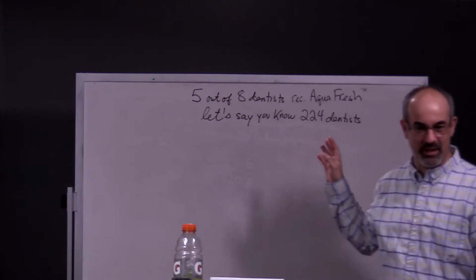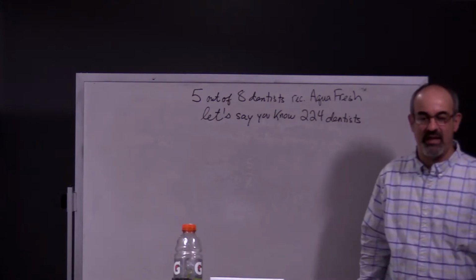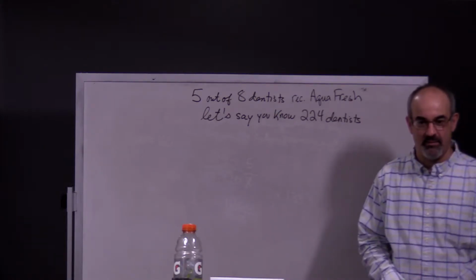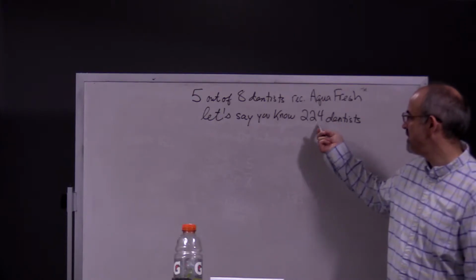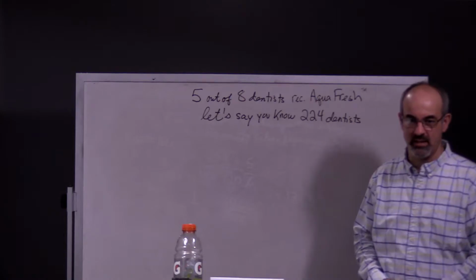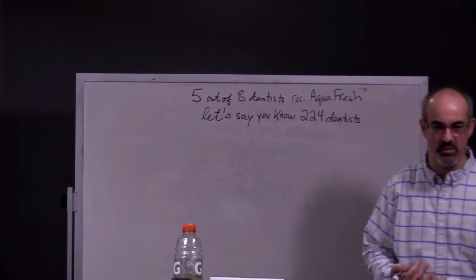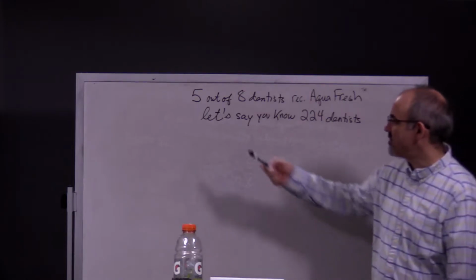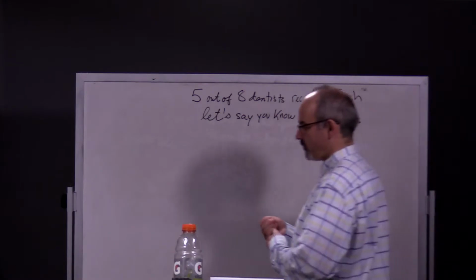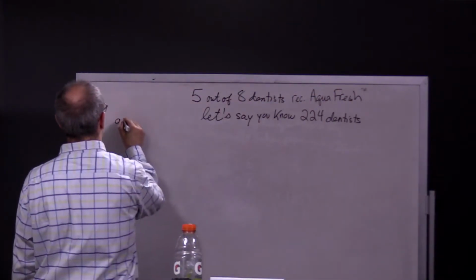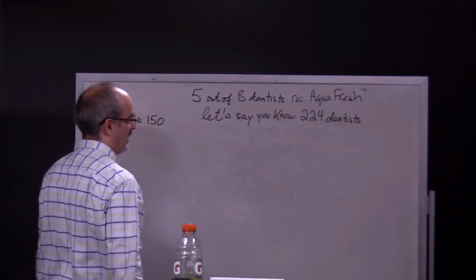Well, I'm going to estimate this answer. 5 out of every 8 recommend it. 224 is about 30 times more than 8, so it's probably around 30 times 5, which is about 150. So my estimate is 150.